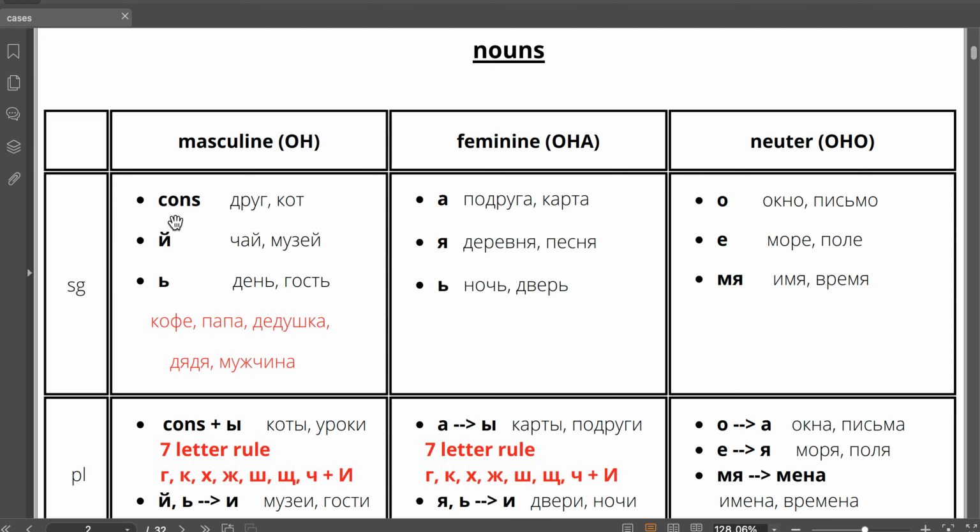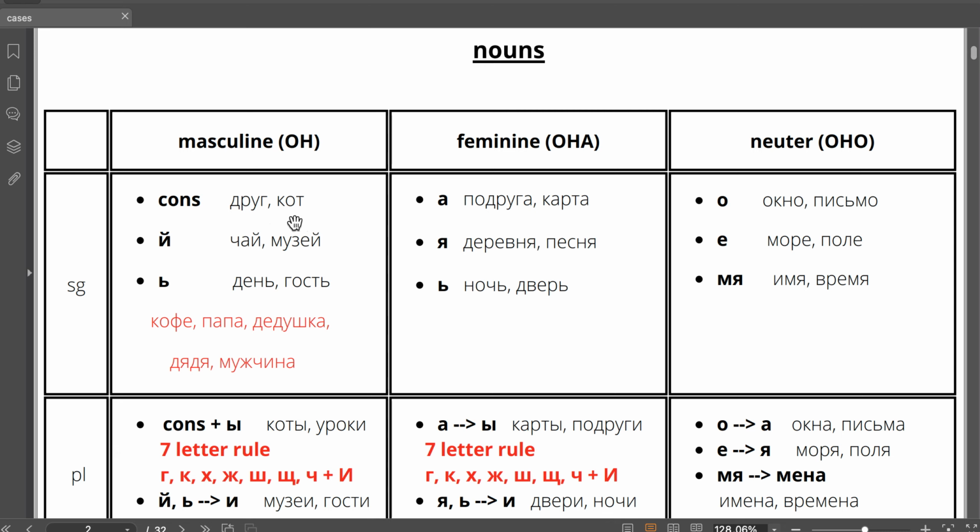Consonant is sounds that you cannot sing. Yeah, so g, k, v, j, c. And vowels, something you can sing, like a, o, u, ye, and so on. So if you have consonant ending, absolutely any consonant, it's masculine. So let's read.